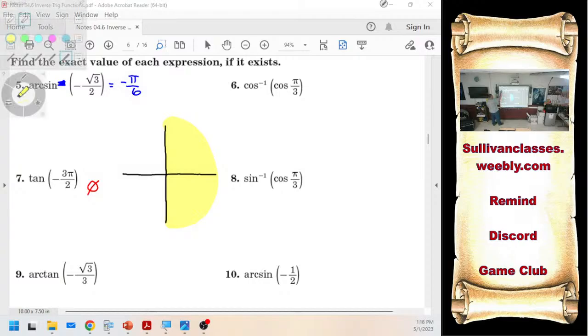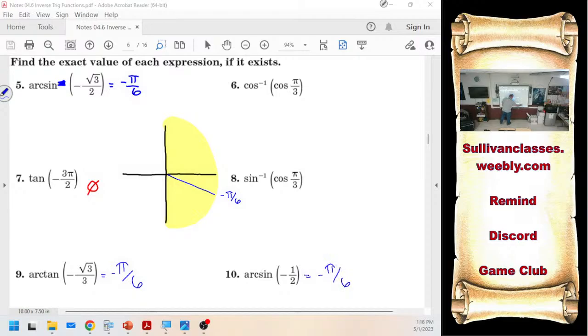Arctangent of -√3 over 3 happens right about there at -pi over 6 again. Arcsine of negative 1/2. Hey, look at that. It's in the same spot. There's a theme here.